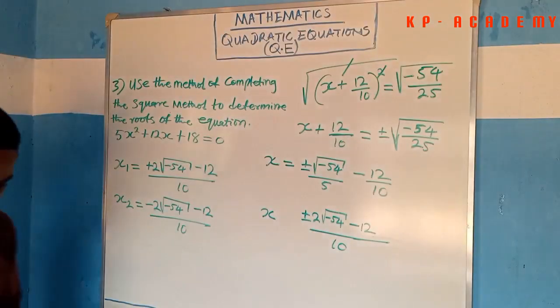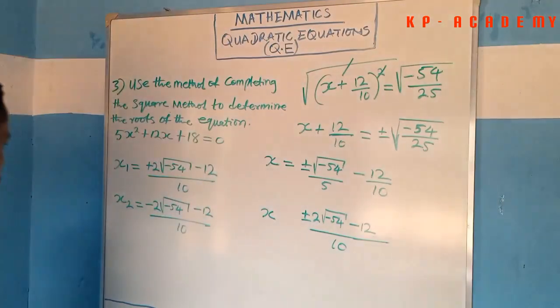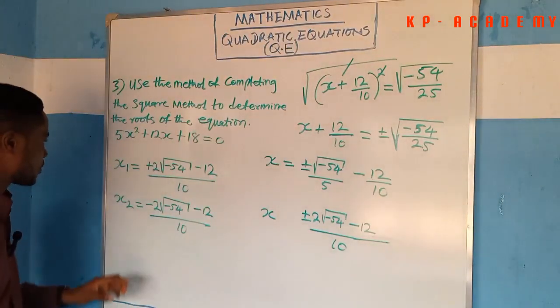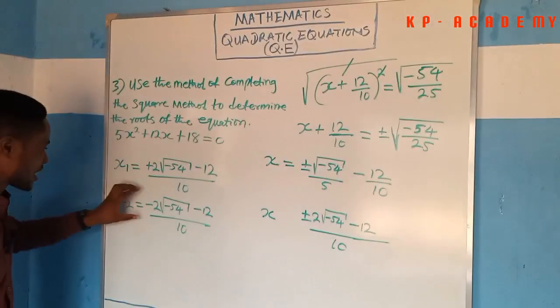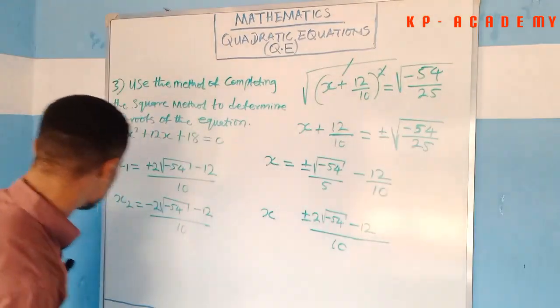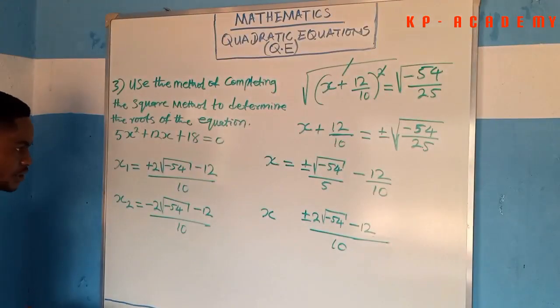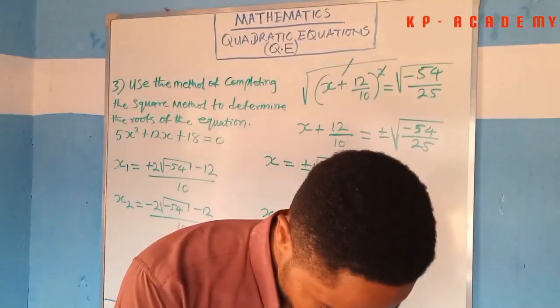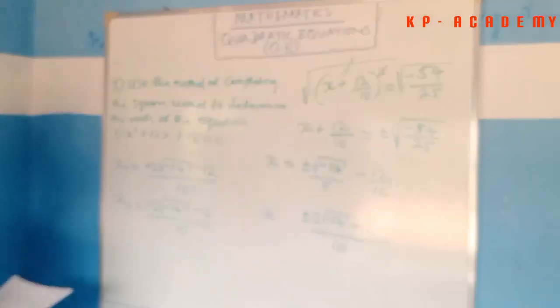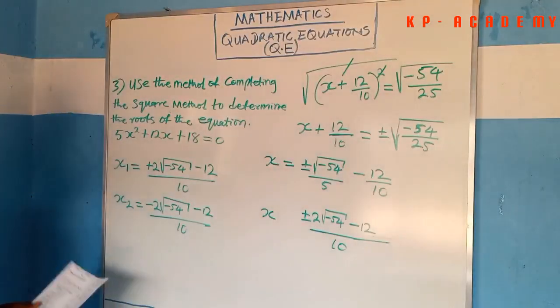So this is x1, this is x2. Now, of course, I can use my calculator here to evaluate the numerator, evaluate x1 and also x2. So if I do the evaluation, what am I going to have? We have already solved it down here.